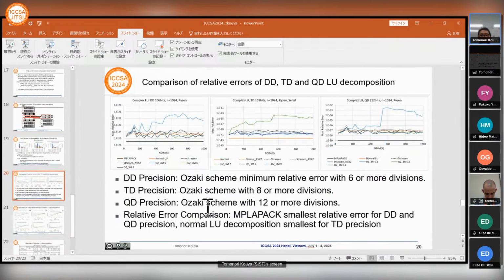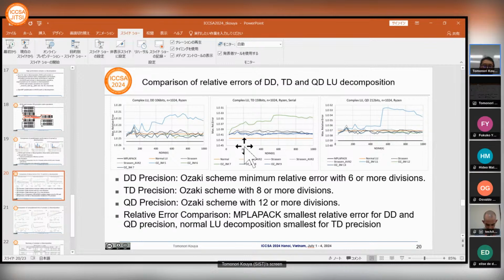And now we show the result of optimization of complex LU decomposition with complex matrix multiplication. At first, we show the comparison of relative errors of three precision LU decomposition. In double precision, Ozaki scheme needs 6 or more divisions for a minimum relative error. For triple-double precision, Ozaki scheme needs 3 or more divisions.